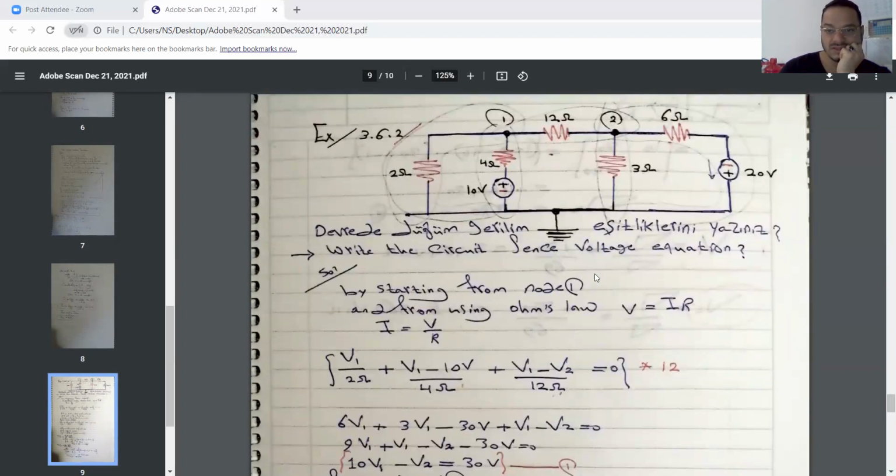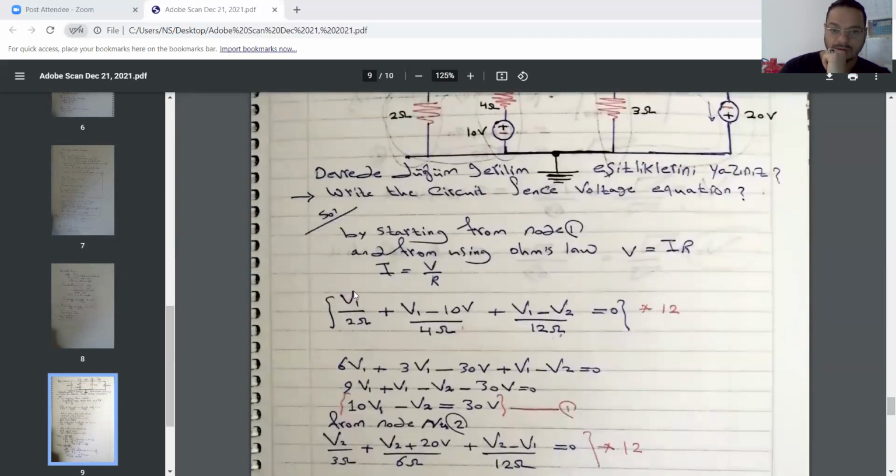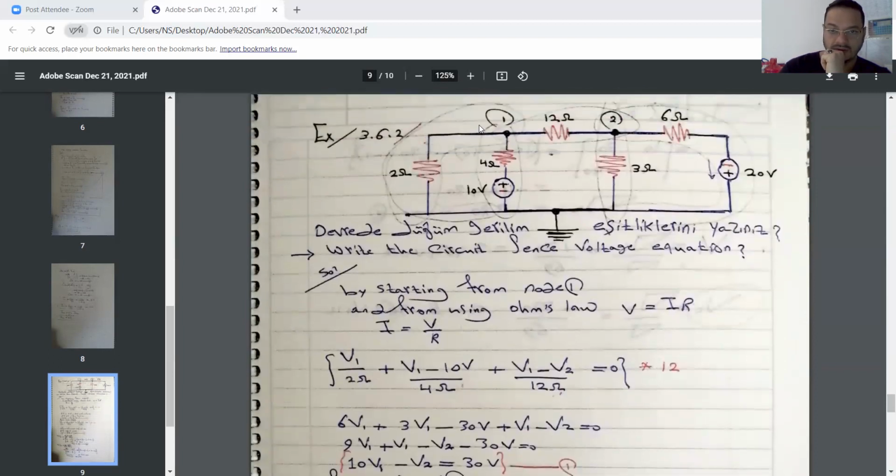Write the circuit's node voltage equation starting from node 1 and using Ohm's law, V equals IR. It will be like that: V1 divided by 2 ampere, and V1 minus 10 volts divided by 4 ohm, plus V1 minus V2 divided by 12 ohm equals 0.